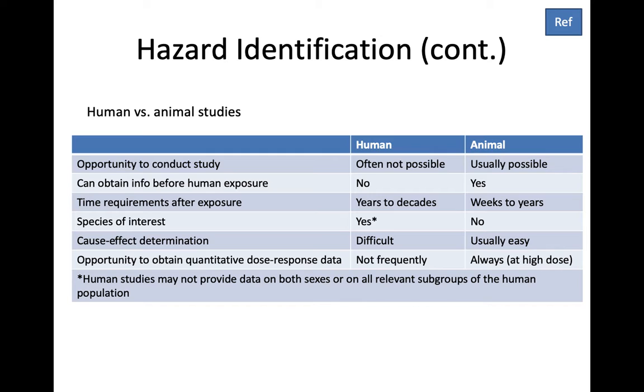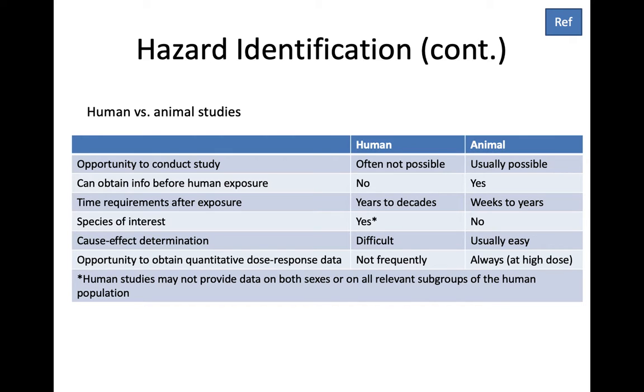Is there a time requirement after exposure? In humans that can be years to decades, while in animals we have a much faster time, weeks to years. Species of interest: obviously in humans, yes, but in animals, not really.